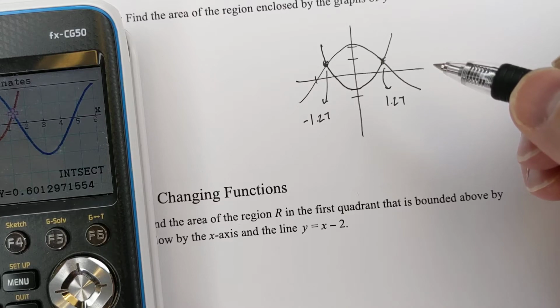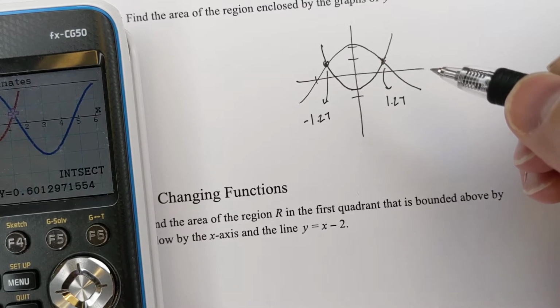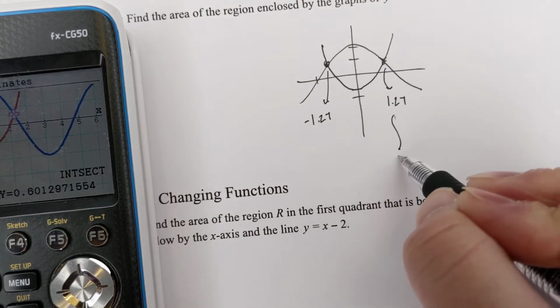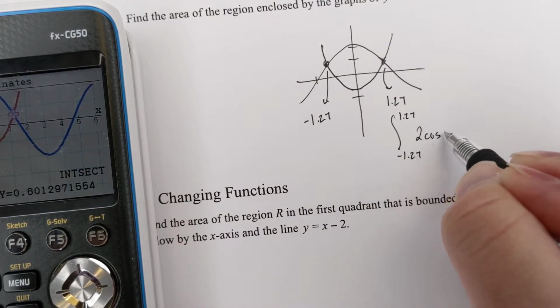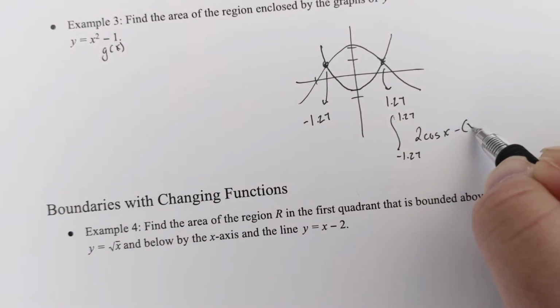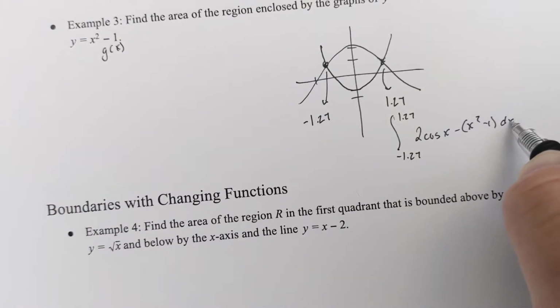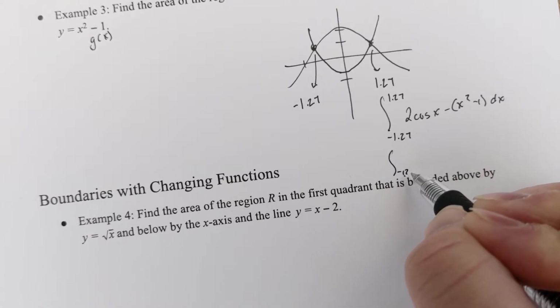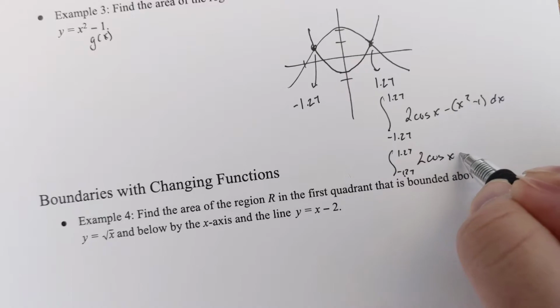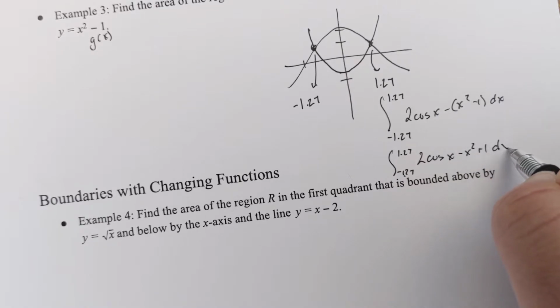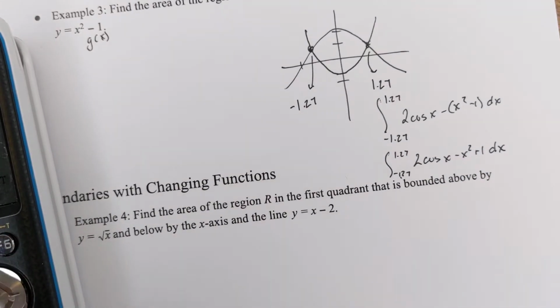So we would have the integral from negative 1.27 to positive 1.27 of 2 cosine x minus (x squared minus 1). Don't forget those parentheses there, because when you clean this up, that 1 is going to switch to being a positive 1. And then this would just go in our calculator.